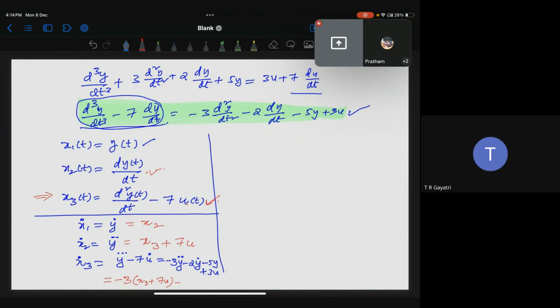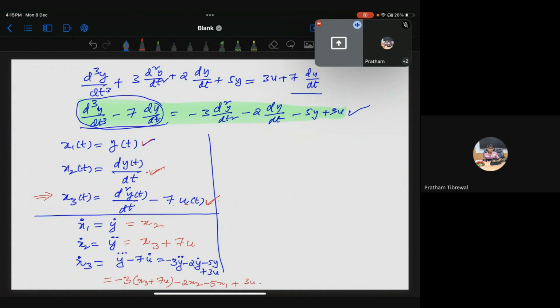Y double dot is X3 minus 7U. X3 plus 7U, this has to go to this side. Now minus 2 Y dot is nothing but X2, and minus 5 Y is nothing but X1 plus 3U.